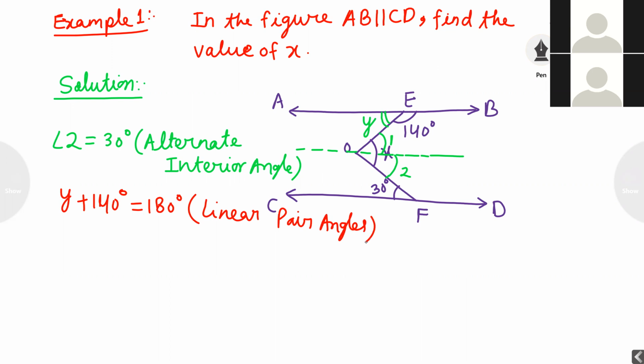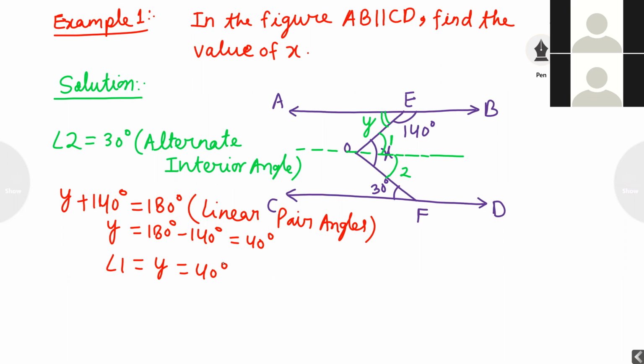Then y is equal to 180 minus 140 is equal to 40 degree. The value of y has come 40 degree, means angle 1 is equal to y is equal to 40 degree.